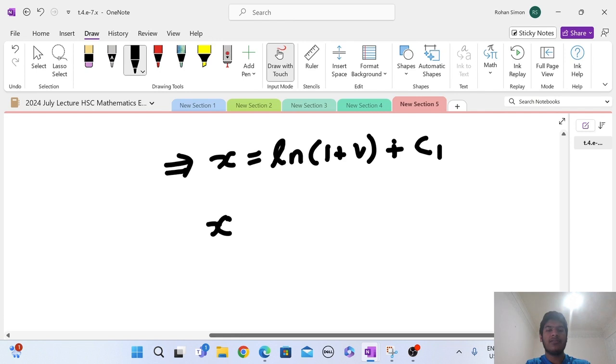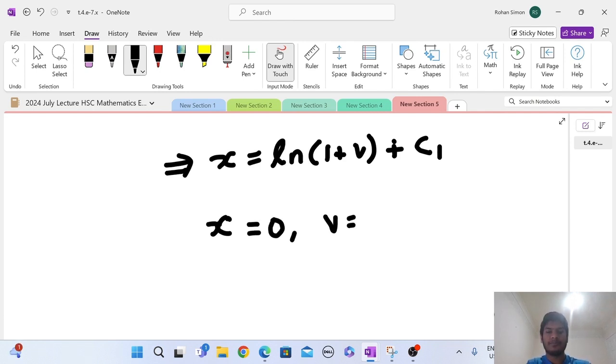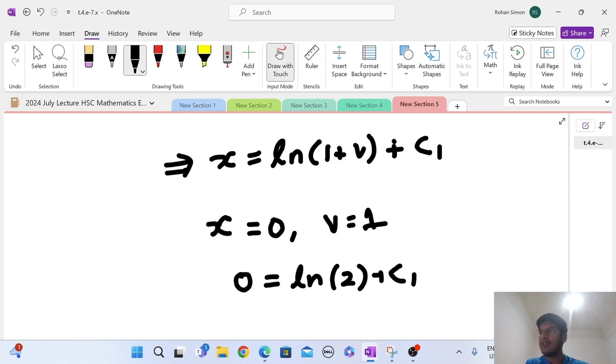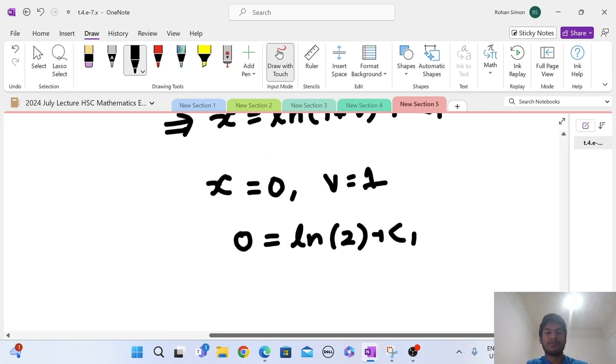So when x equals 0, v equals 1, substituting that in, we end up with 0 equals ln(1 plus 1), which is 2, plus c1, right? And so c1 is just minus ln 2. Easy as that.